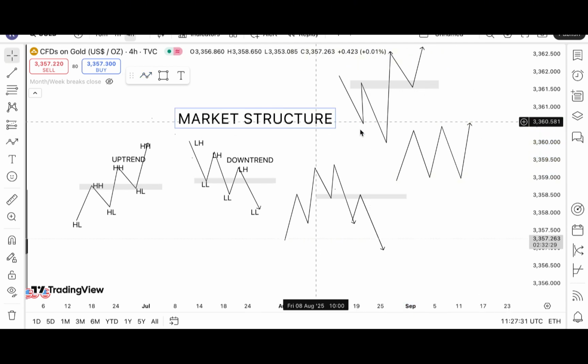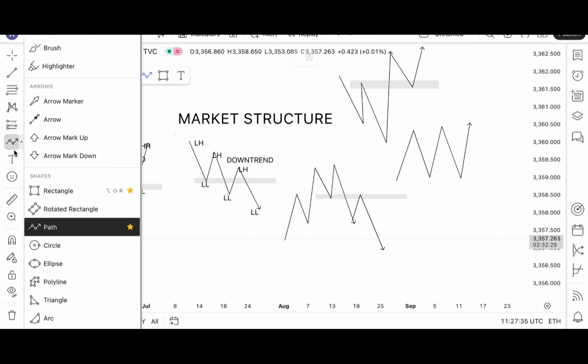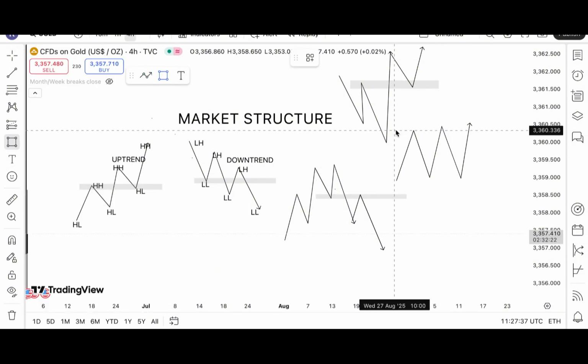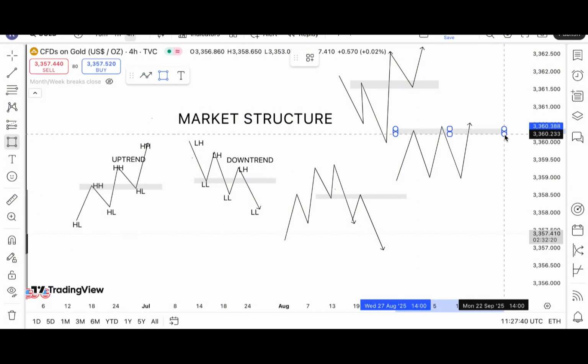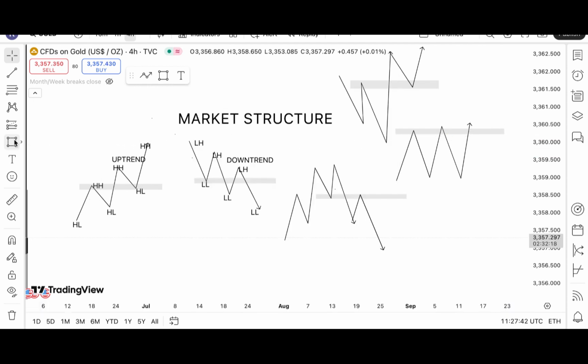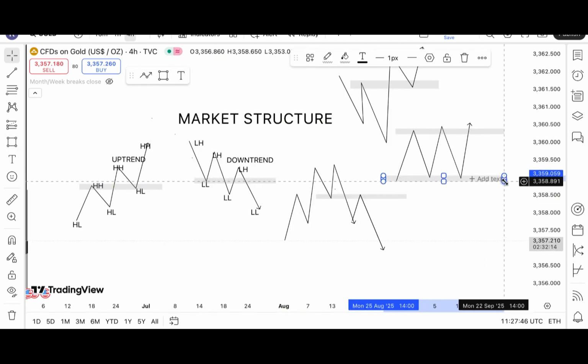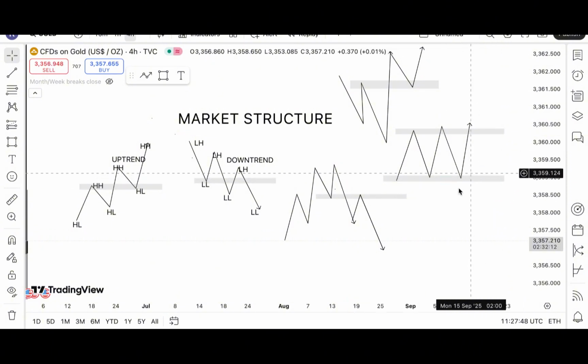But if at all you want to trade in a range, it's always better to trade from the extremes, selling from the resistance and buying from the support. That's best, but I don't really advise trading in the range because it can break out at any point.